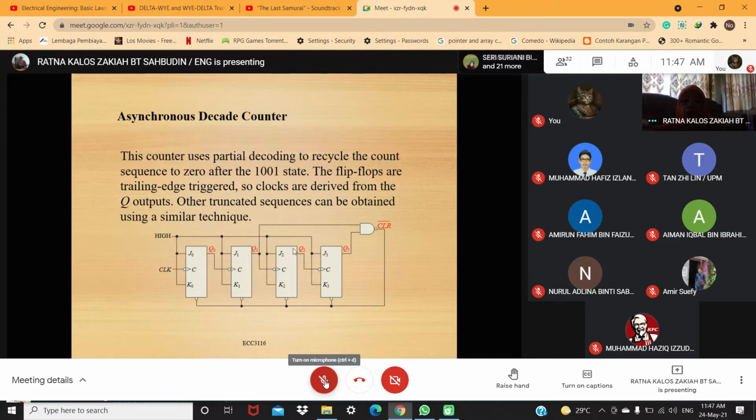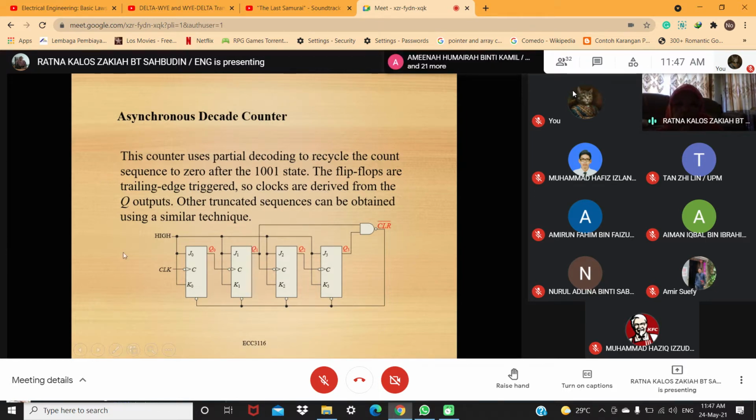Okay, and then you have, what gate is this? AND gate. Okay, you have NAND gate. So NAND gate here, it's for clear. When it reaches 1001, it will stop and then it starts to clear the next stage here.